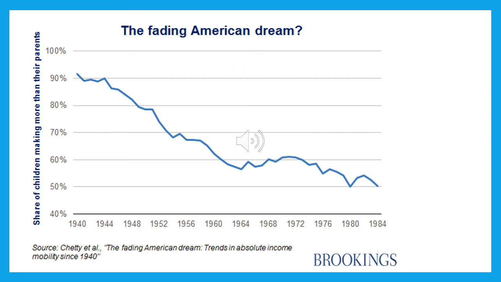1940. By 1960, we were seeing a real drop in the number of children. By the time we were looking at children born in the 1960s, so people who would be in their 50s today, we see that just under 60% were earning more than their parents.